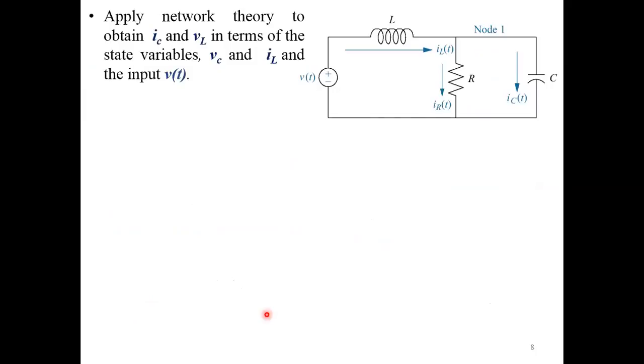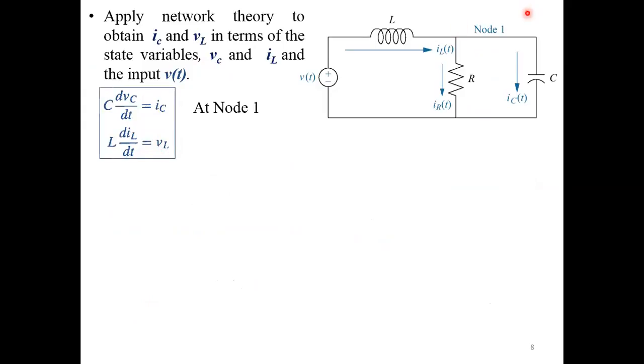We will now apply network theory to obtain IC and VL in terms of the state variable VC and IL and the input V of t. This is our equation of current through the capacitor and voltage across the inductor.